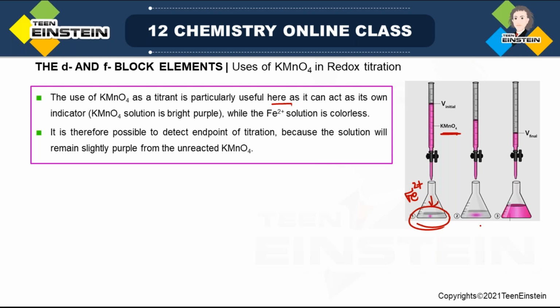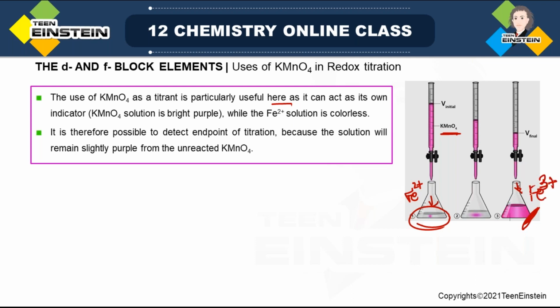So when it is becoming colorless, that means the reaction is going on. But as the reaction proceeds, one time will be reached when the color will still persist. In the last conical you can see the color is still there. That means when you add further KMnO4, there is no Fe2+ present. Suppose all Fe2+ is now converted to Fe3+.